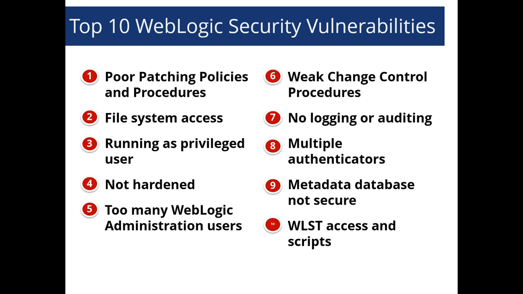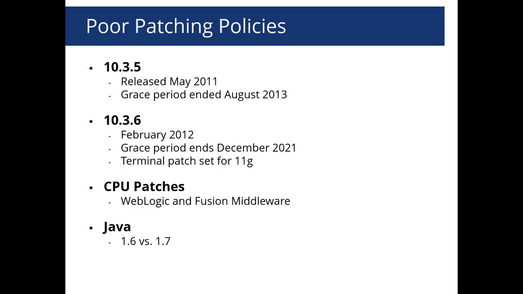So let's break this down and start by noting the WebLogic server versions, 10.3.5 versus 10.3.6. Let's just note that the grace period for 10.3.5 ended in August 2013. If you are running 10.3.5, you really shouldn't be, especially if you are internet facing. 10.3.6 has some legs on it.